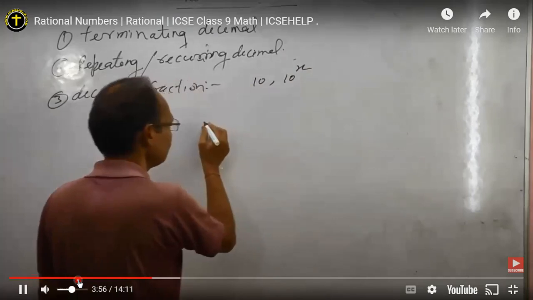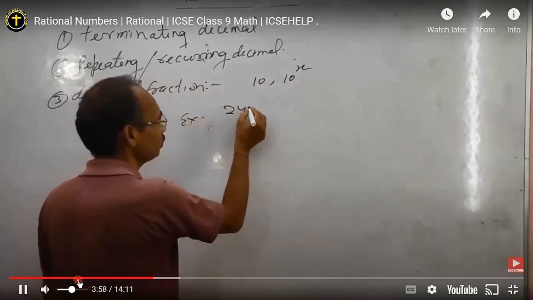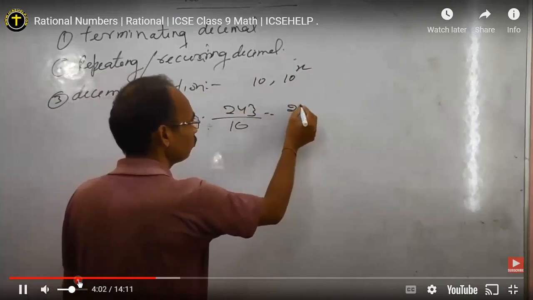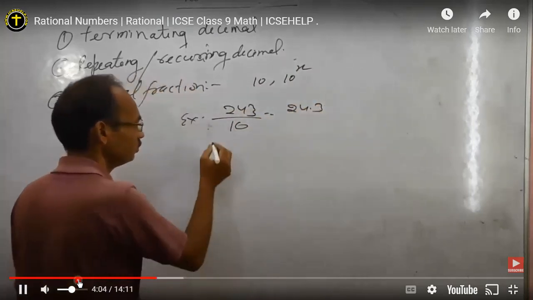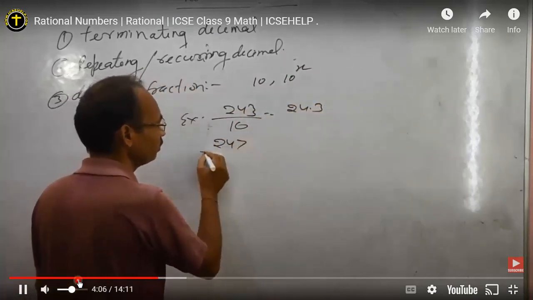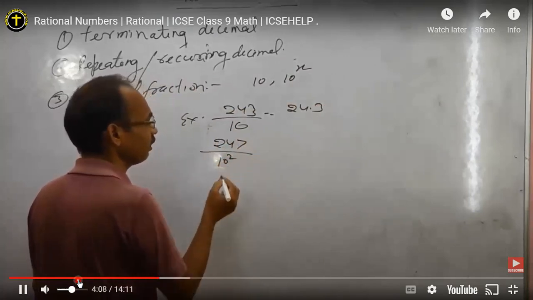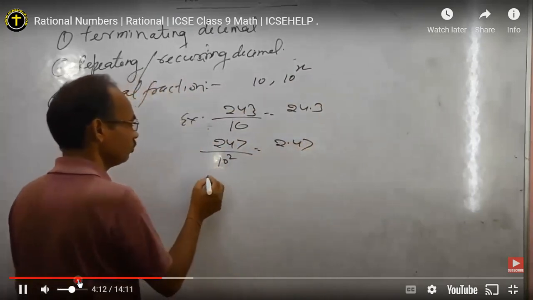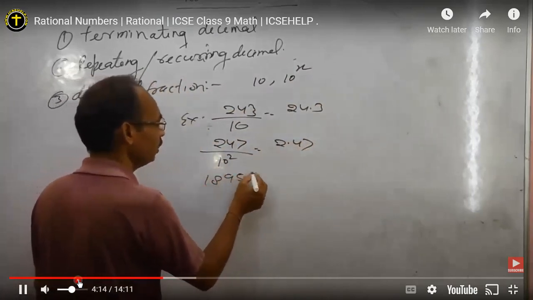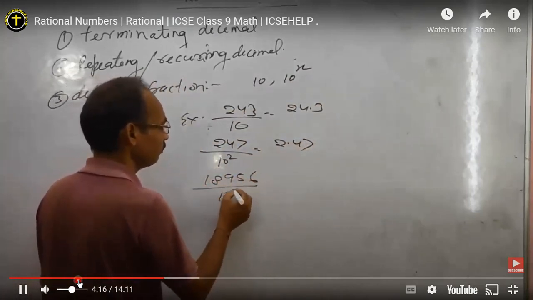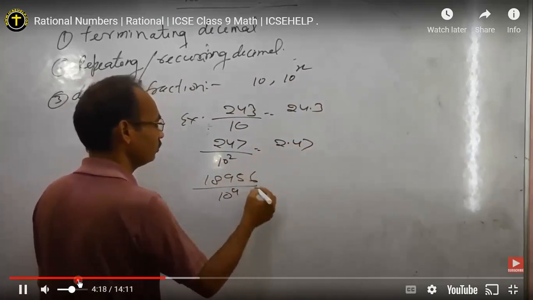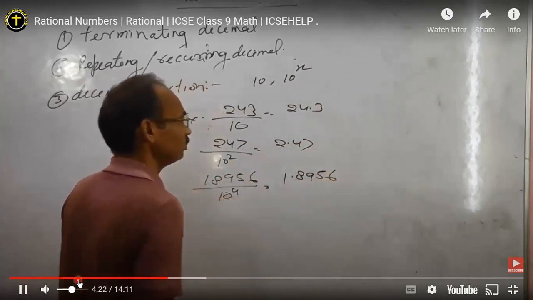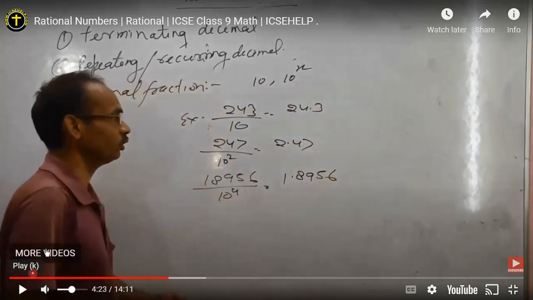For example, 243 divided by 10 gives 24.3. 247 divided by 100, which is 10 to the power 2, gives 2.47. 18956 divided by 10 to the power 4 gives 1.8956.